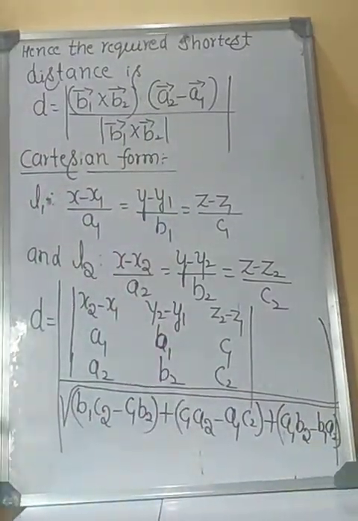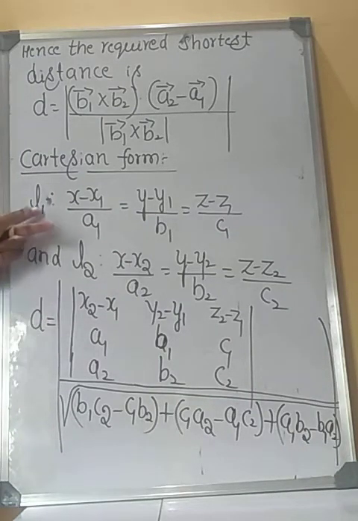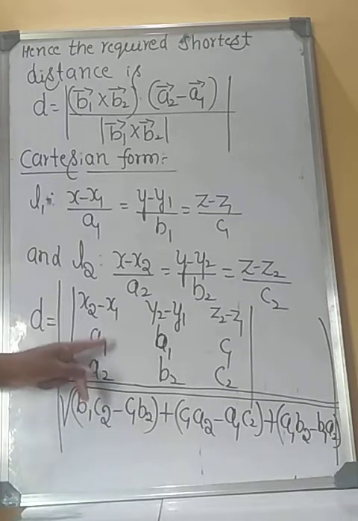This is the shortest distance between the lines L1 and L2, which is the Cartesian form of the equation of two skew lines.